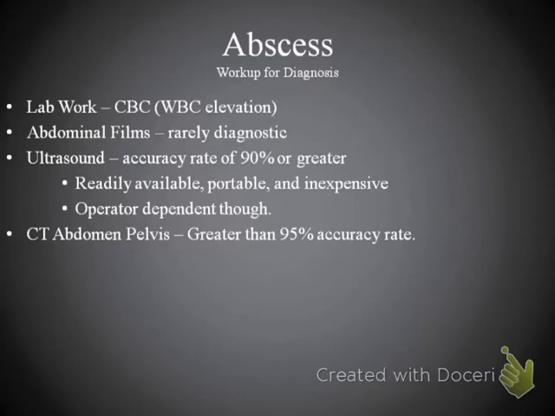And so, depending on the physician, they will either favor without contrast or IV only. But the important thing to look at here is that CT has an accuracy rate of around 95% or greater. And so that means that there are only a very few times that CT does not do a good job of picking out an abscess.